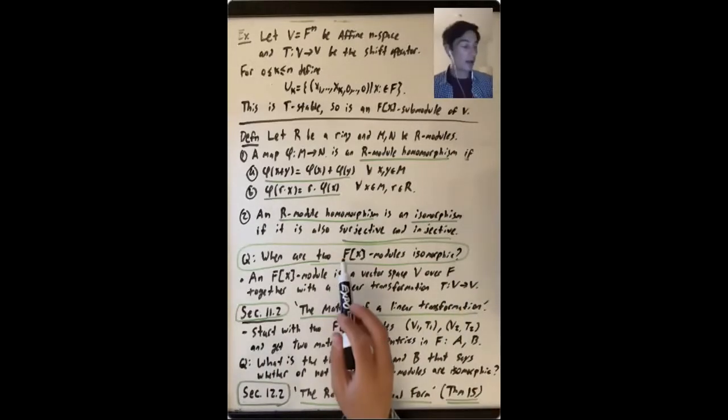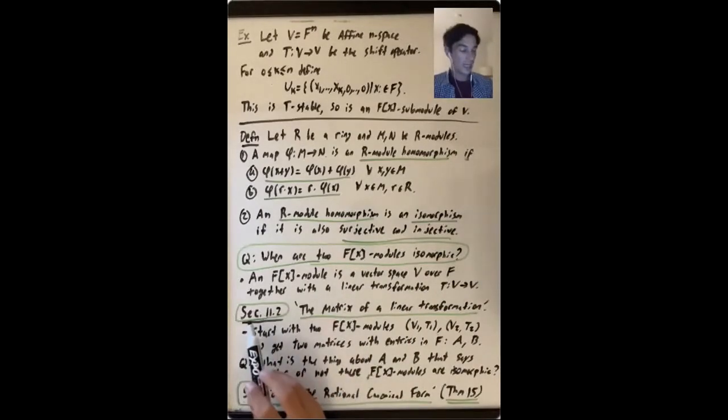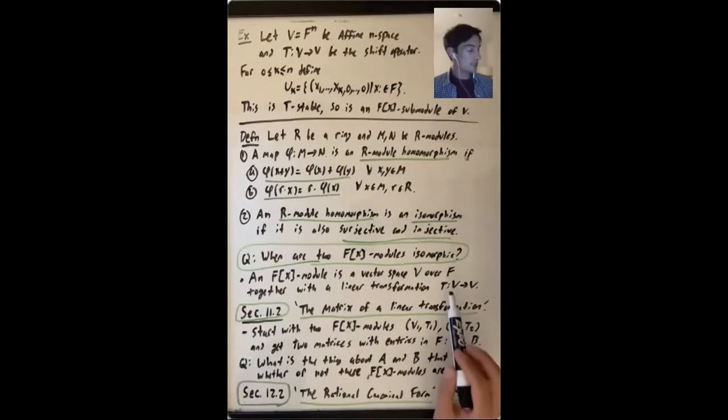It's going to be a while before we answer this question. It'll actually be probably one of the very last things in this course. In section 11.2, which is called the matrix of a linear transformation, we're going to see how to start with this linear transformation T from V to itself and output a matrix that represents that linear transformation.